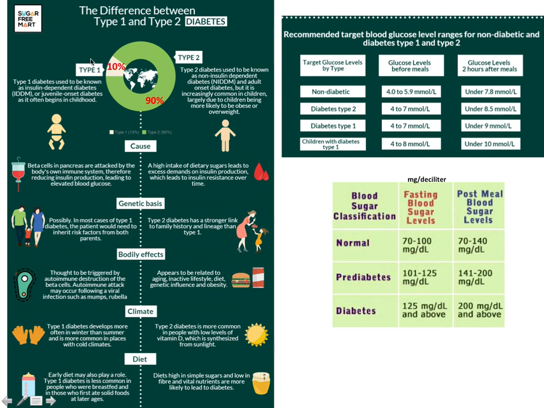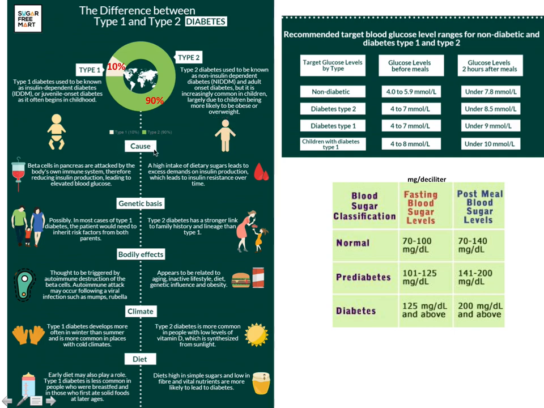Only 10% of diabetic patients are suffering from type 1 diabetes, and 90% of patients are suffering from type 2 diabetes. As I already described, type 1 is called IDDM, that is insulin dependent diabetes mellitus, and type 2 is called NIDDM, that is non insulin dependent diabetes mellitus, and it happens generally in overweight adults.